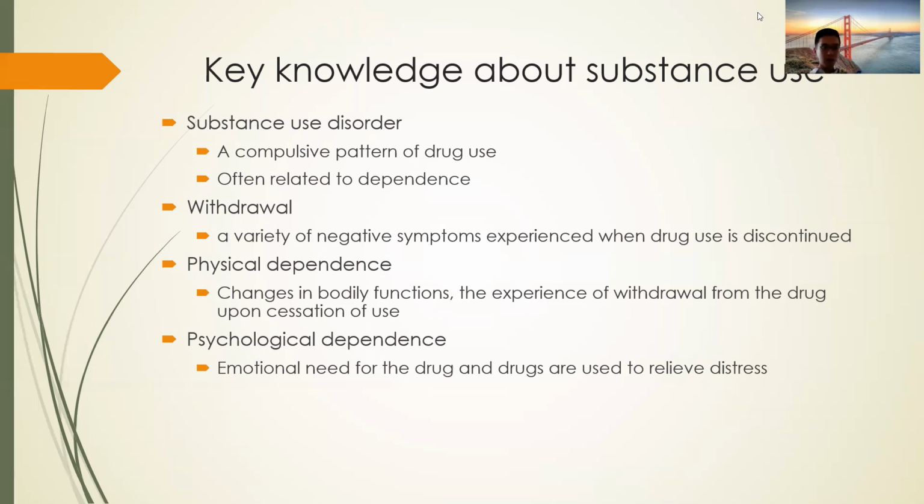They feel not okay, they feel anxious, angry, and sad when they are not using the drugs. After they use the drug, they calm down. They feel relaxed, they feel happy again. So that is psychological dependence. Psychologically, emotionally, they depend on this drug.